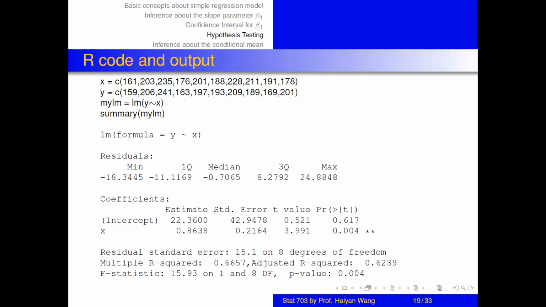And the next one is the multiple R squared. That multiple R squared is an important term. It refers to how much of the variation is explained by the regression line. We want this multiple R squared to be as big as possible. This value is between 0 and 1. If the value is closer to 1, that's great. The dotted line explains the relationship very well.